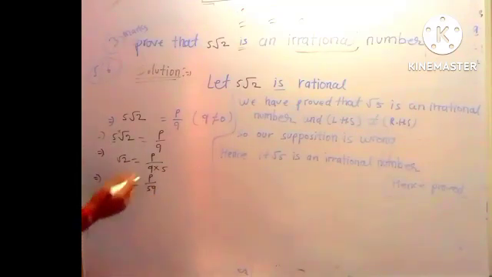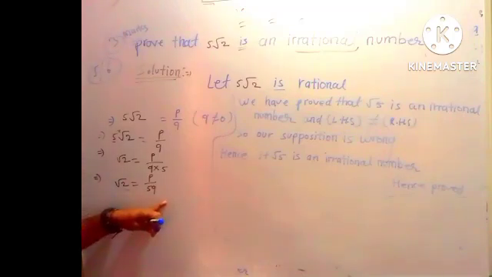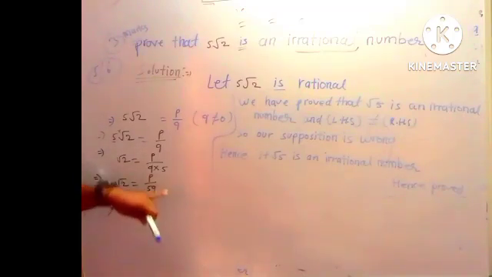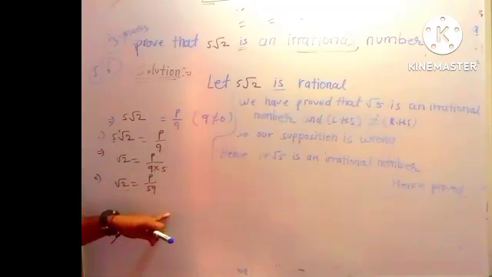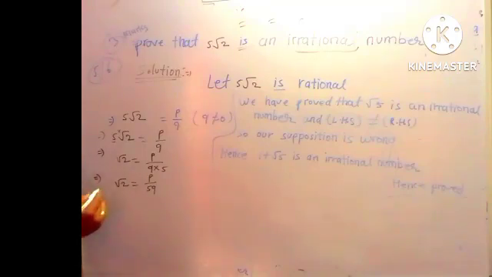Again just see the same drama here. Root 2 is what? An irrational number. We have already proved that root 2 is an irrational number. And what about this? Numerator, denominator. So this one is a rational number. So again, left hand side and right hand side are equal? No, sir.